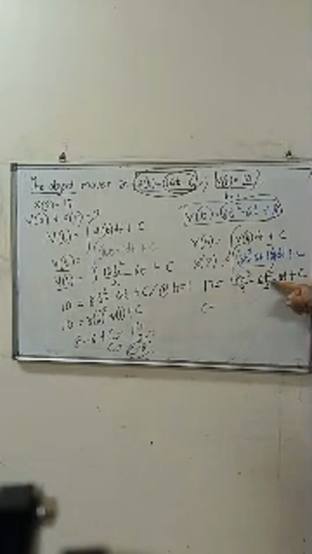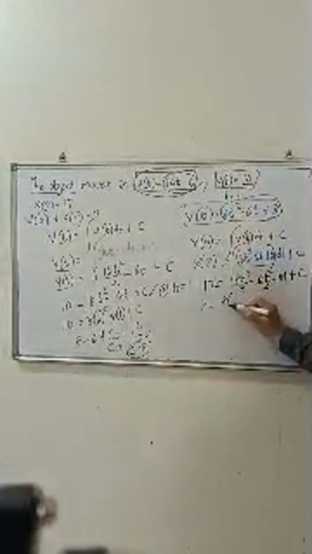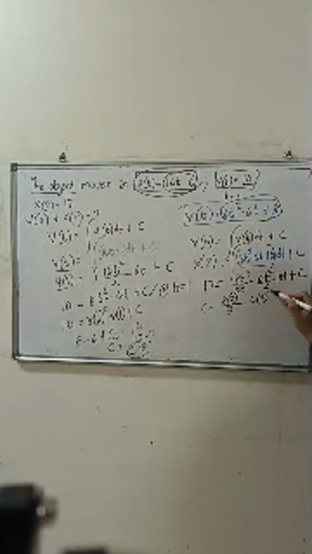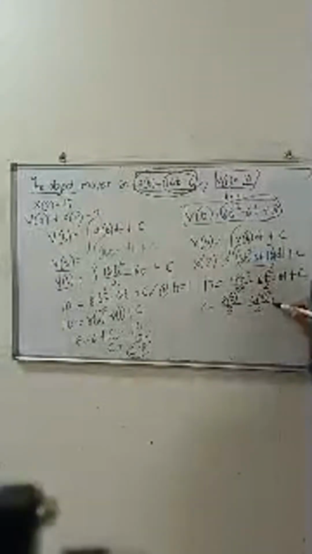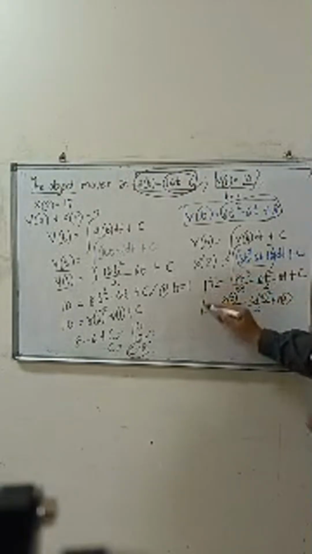We still have the t, and of course the t here is 2. So 8 times 2 raised to the power 3, minus 6 times 2 raised to the power 2 over 2, plus 8 times 2, equals 17. Compute for c.